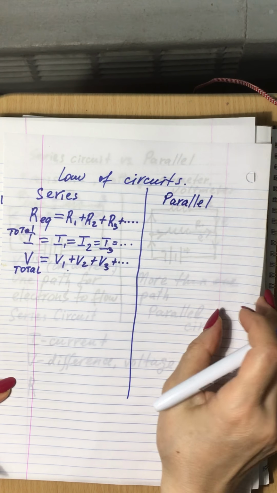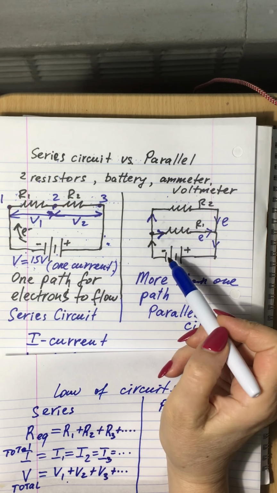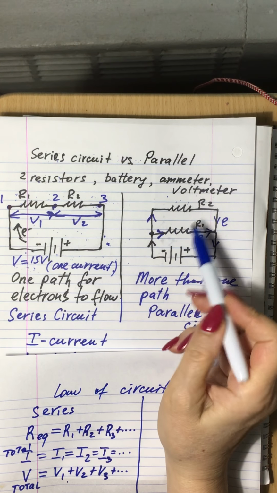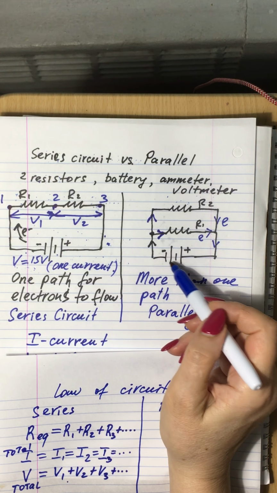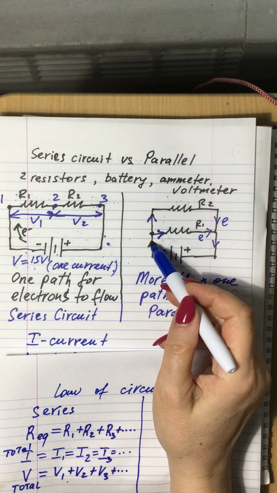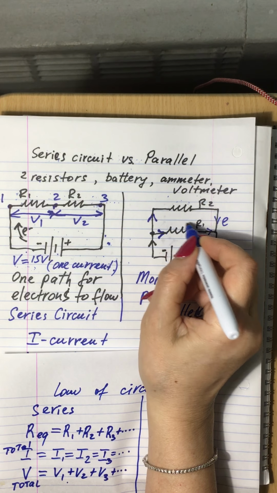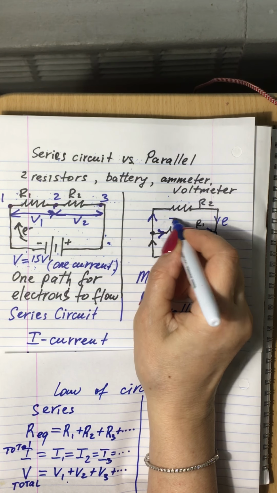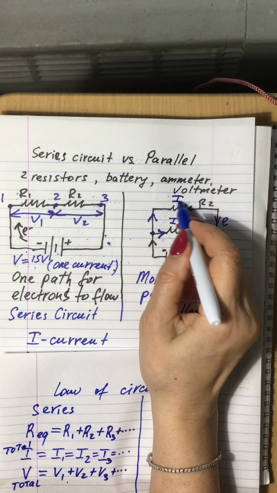For a parallel circuit, it would be a slightly different picture. Why? Because there's more than one path for the charges. If you think about the total current, which flows over here, for example, it's supposed to split into different ways. The current that goes through the first one we will call I1. The current that flows through the second one would be I2.